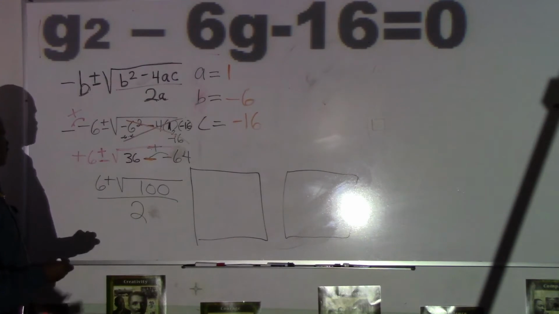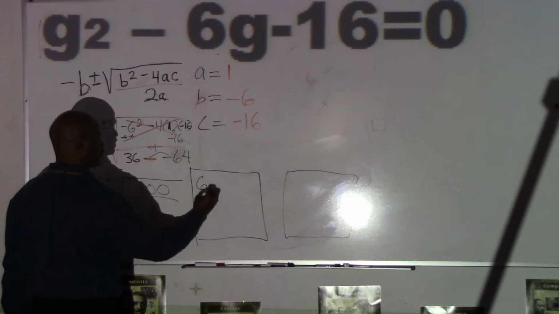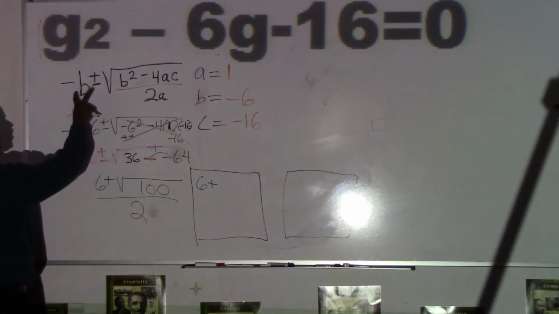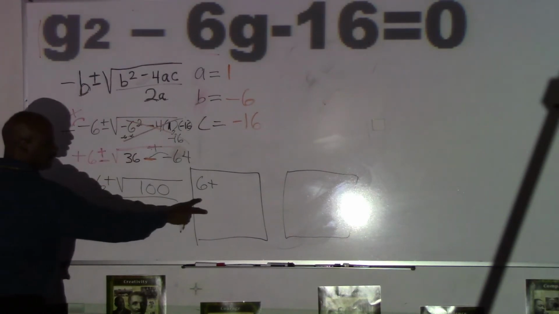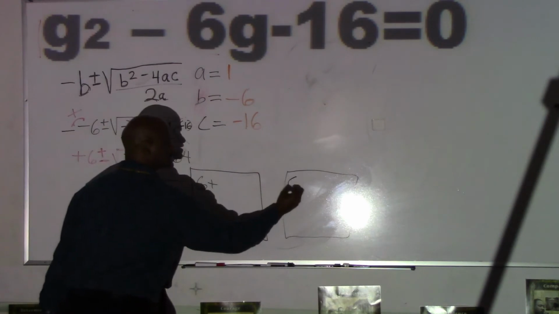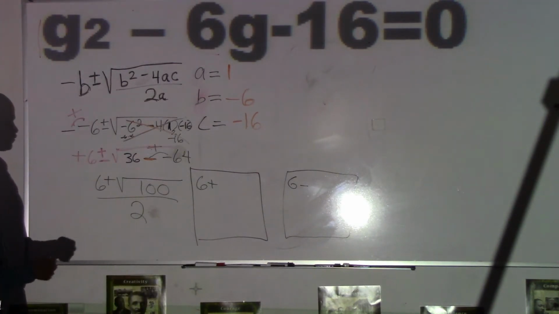The first thing we do is take the 6. We try plus first, because remember our formula said negative b plus or minus. So we have 6 plus, and we plug in the square root of 100.